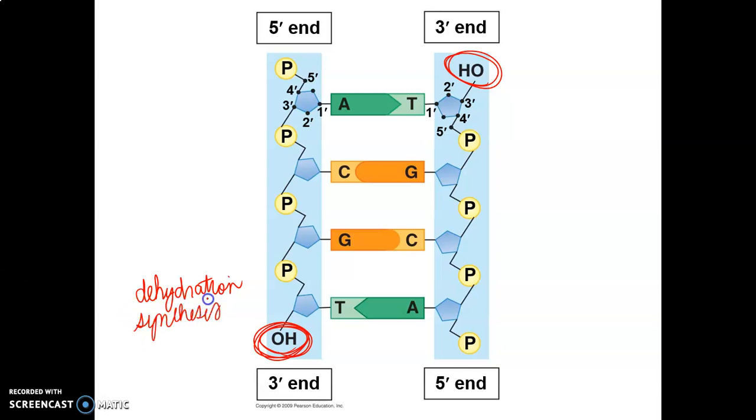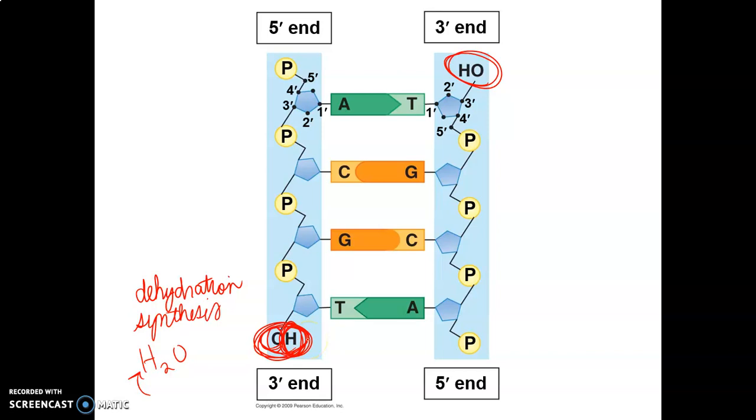Dehydration synthesis is the removal of a water molecule to put two things together. One of the H's is going to come from here, the O is obviously going to come from here, and then the other hydrogen will come from the nucleotide that we're about to add on to this growing strand.